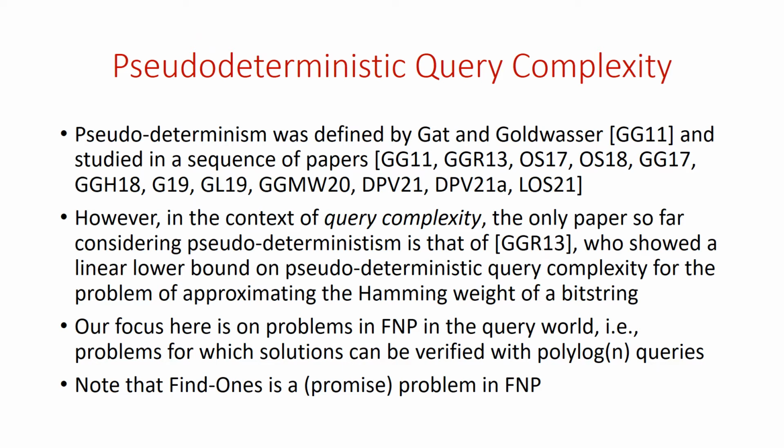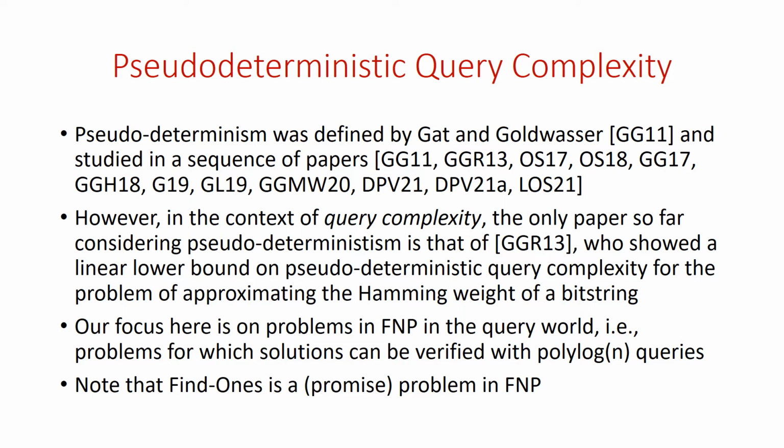Okay, so just some historical background. This notion of pseudo-determinism has been implicit in some works in the past, but it was explicitly defined by Gat and Goldwasser, and it's been studied in a sequence of papers. There are several papers in the recent past studying this notion, but mostly in the standard complexity setting, where you're measuring time or space, or circuit depth.